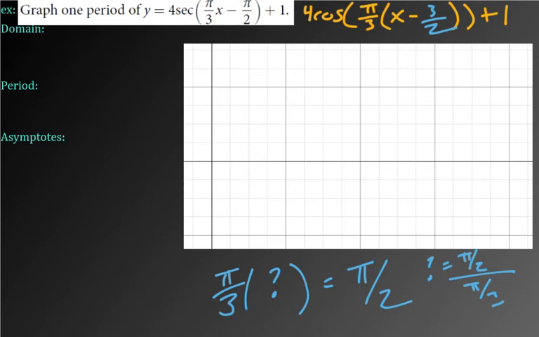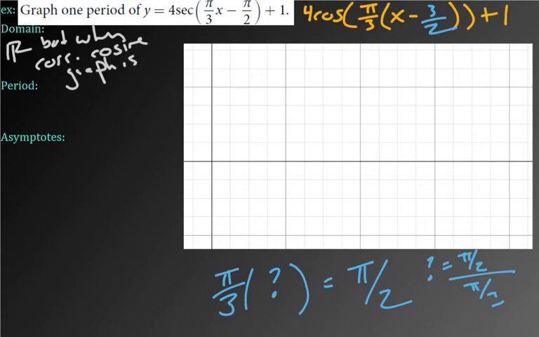And maybe just to highlight here too, secants are defined for all reals except when the corresponding cosine graph is 0, right?